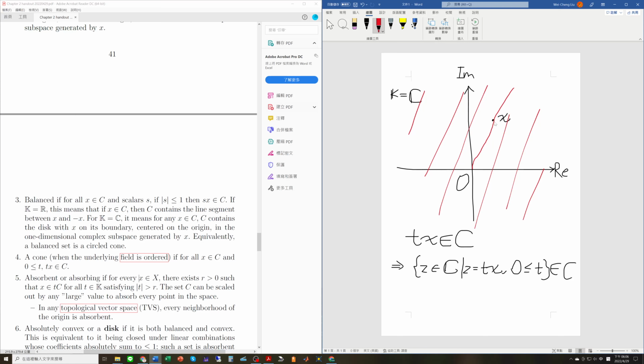What does this mean? x is here, and the set C contains the disk with x on its boundary.